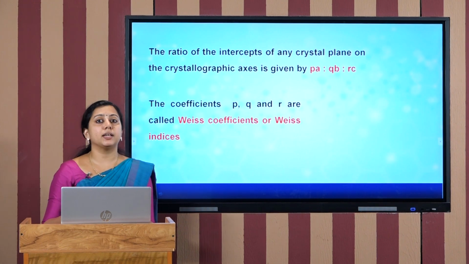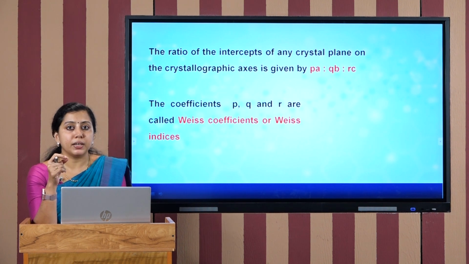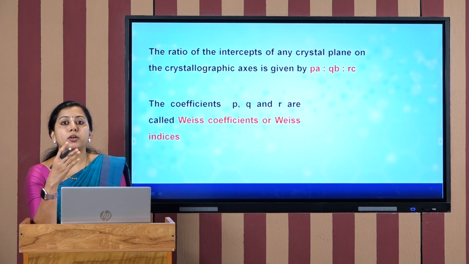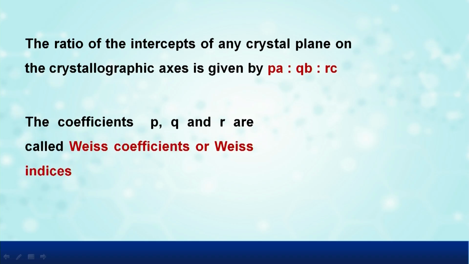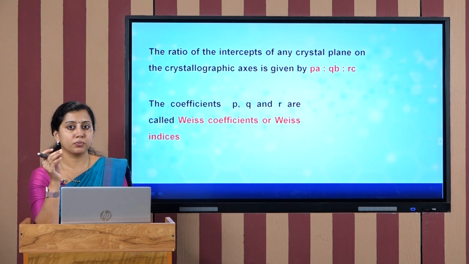And in the previous class, while discussing the laws of crystallography, we discussed the law of rational indices. According to the law of rational indices, we saw that the ratio of the intercepts of any plane of a crystal on the crystallographic axes will be either unit intercepts or some simple rational number multiples of them. Okay.